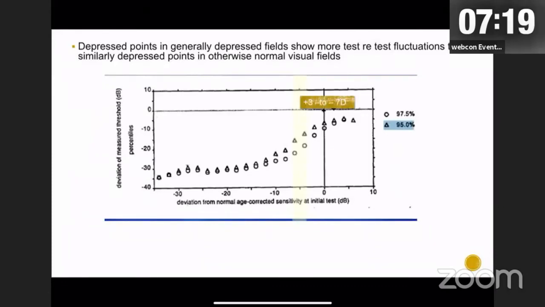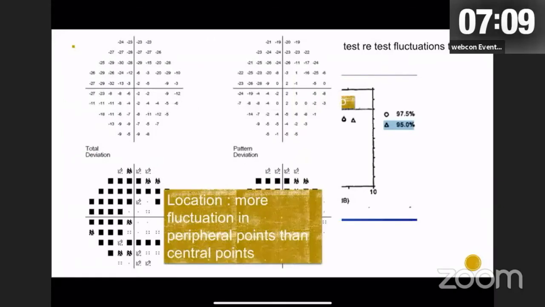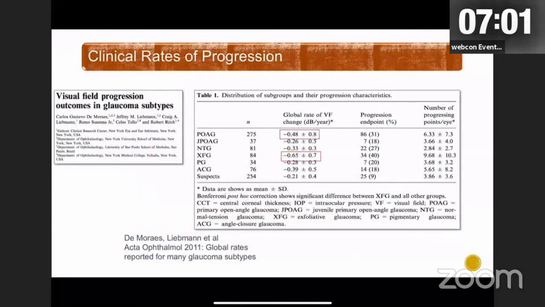That means if the field is more damaged, we will have more fluctuation. And therefore, we need to identify these fluctuations to differentiate them from real glaucoma progression. They also found that for points which are more central, the fluctuation is lesser. The more peripheral the points, the more the fluctuation.